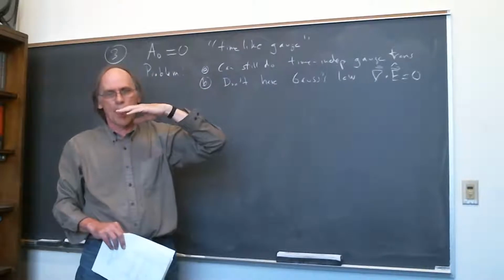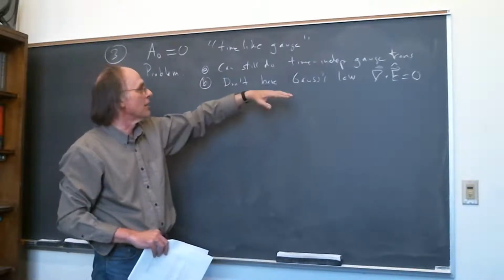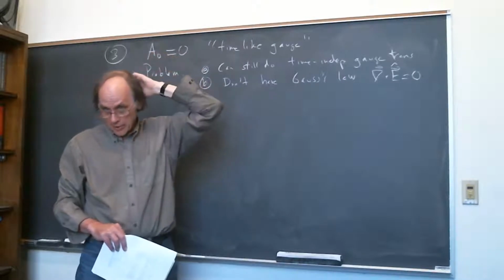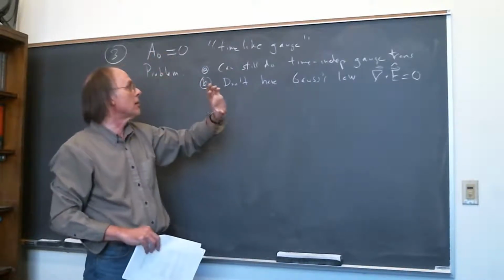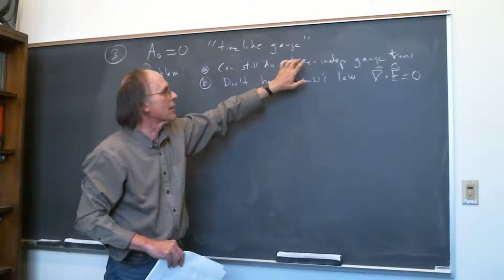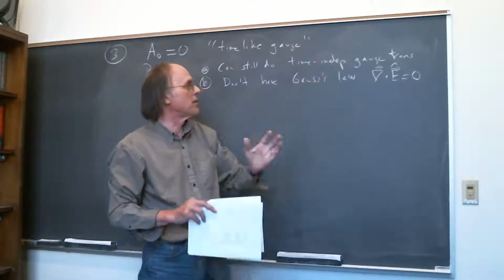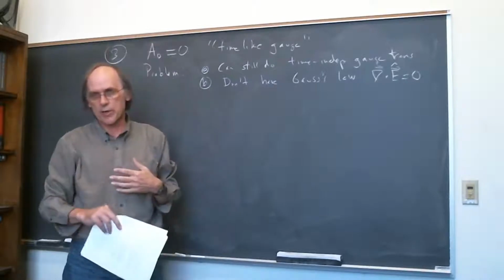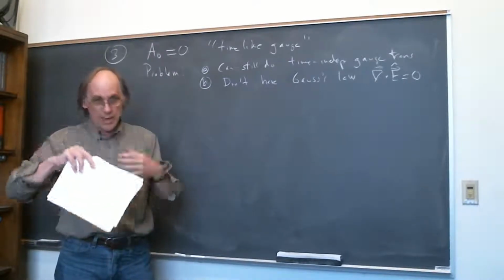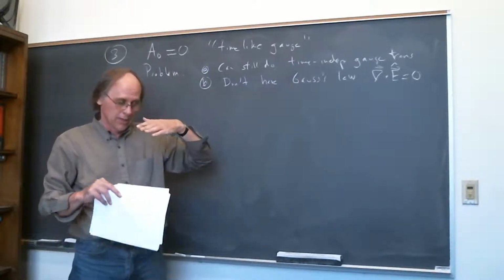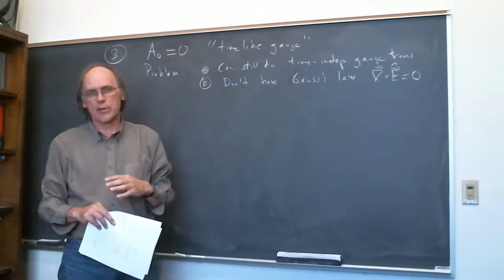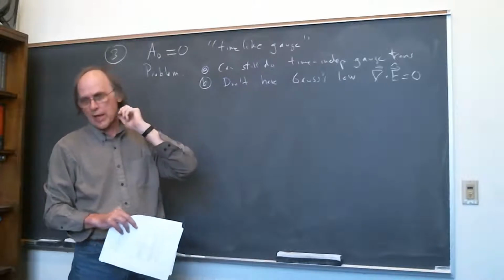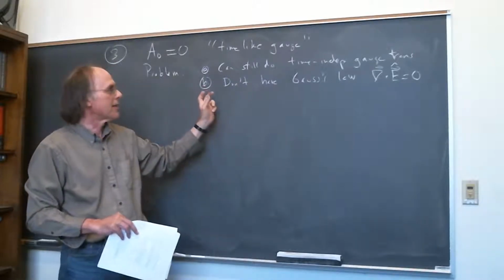If you fix the initial values at a certain time, then there will be a unique solution later. The fact that the gauge transformations are time independent means you don't have the problem that you can do gauge transformations at different times and create different solutions with the same initial data.